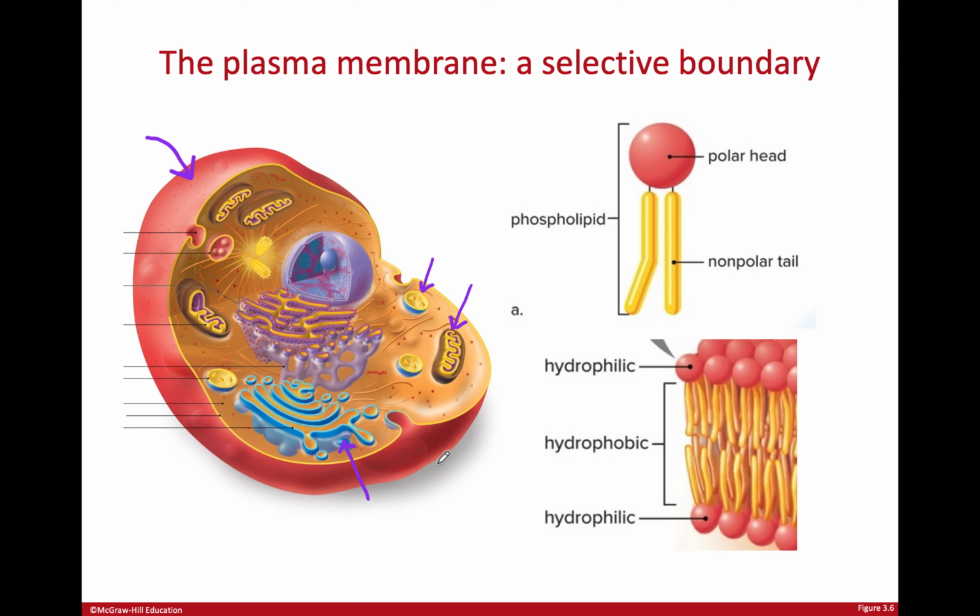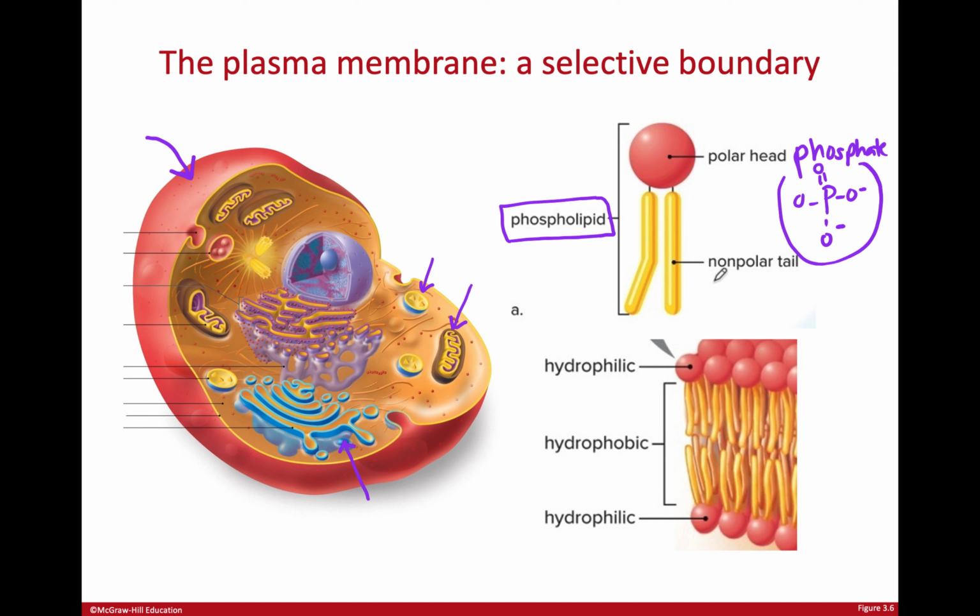They are composed, all these membranes, of lipids that are specifically called phospholipids, and that's because they're made of a phosphate group. It's a group of phosphorus and some oxygens. It's negatively charged.